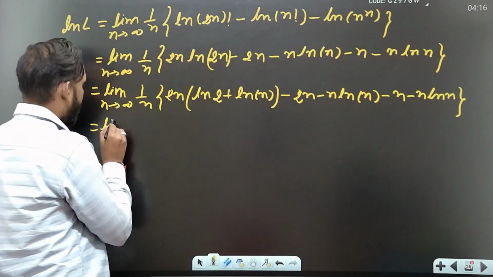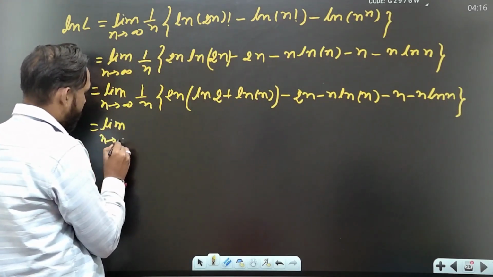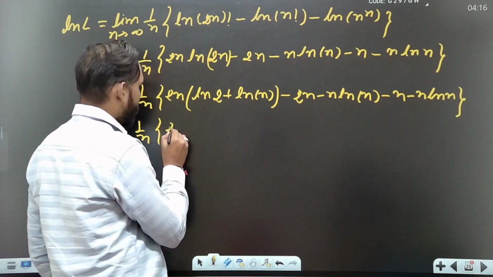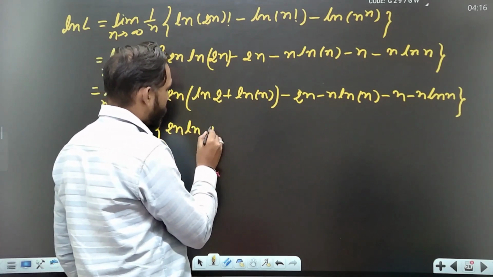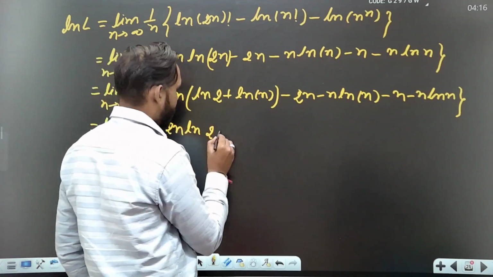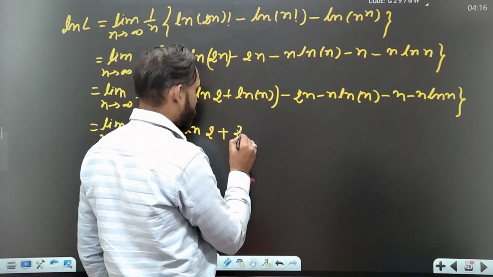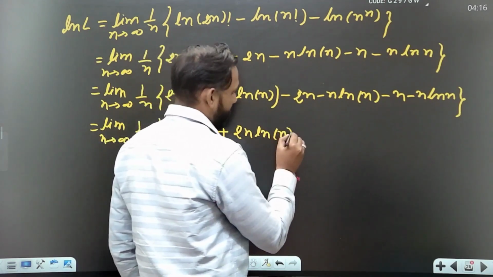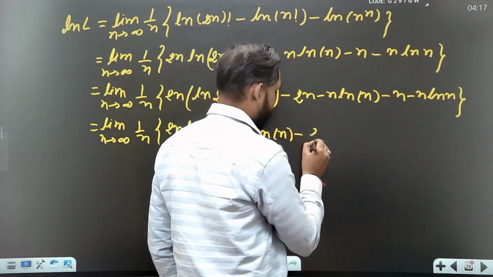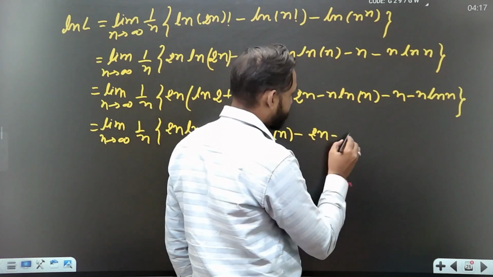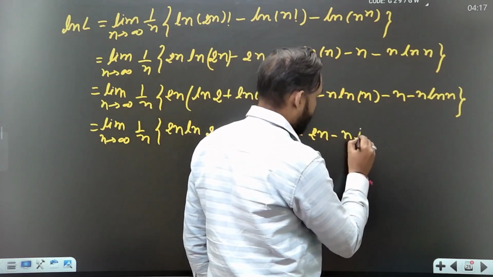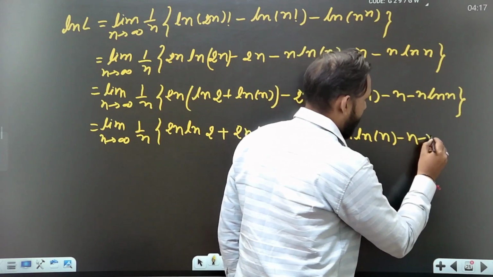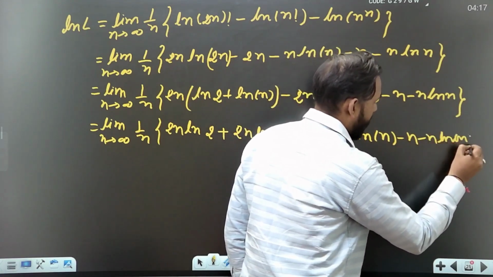And limit n tends to infinity 1 over n is nothing but 2n ln 2, and 2n multiplied here also, 2n ln n, right? Minus this 2n, minus n ln n minus n and n ln n.